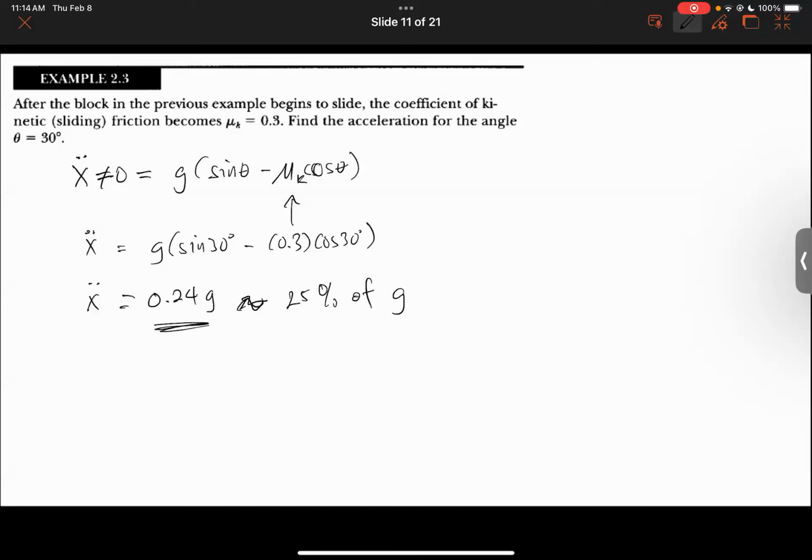So yan, ganyan natin sinasolve yung mga ganitong klaseng problems. Any questions? I hope na parang refresher ito dun sa 101.